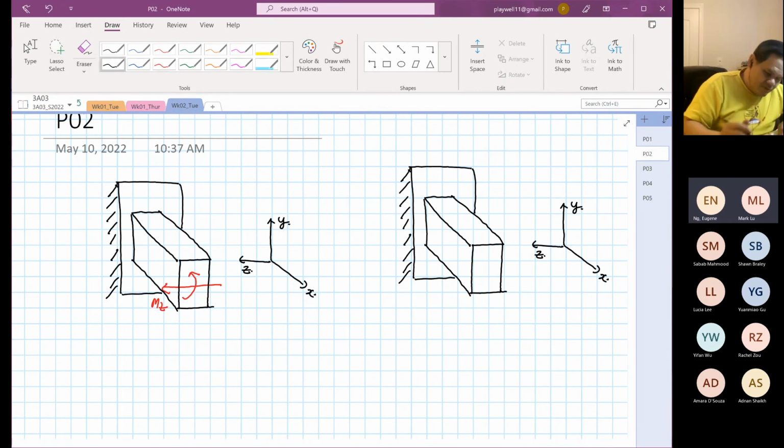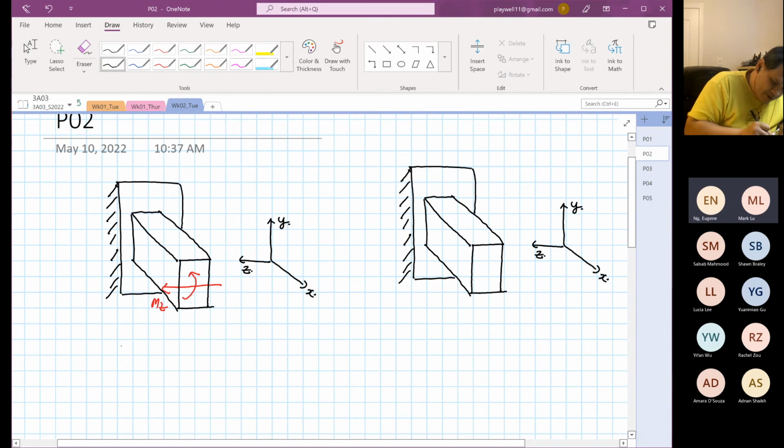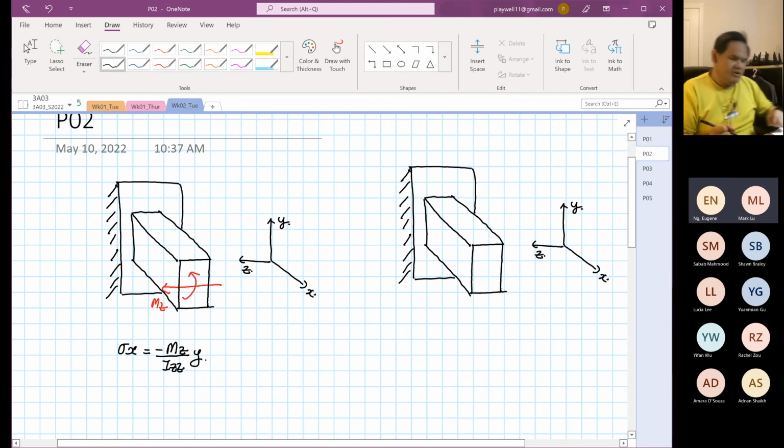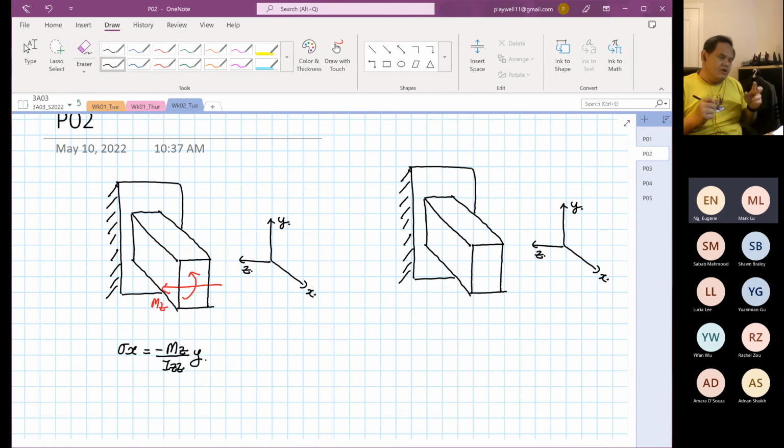The formula that we will be using will be stress X is equal to minus Mz over Izz multiplied by y. So that is the moment applied on the z-axis, and this is what we call symmetrical bending.